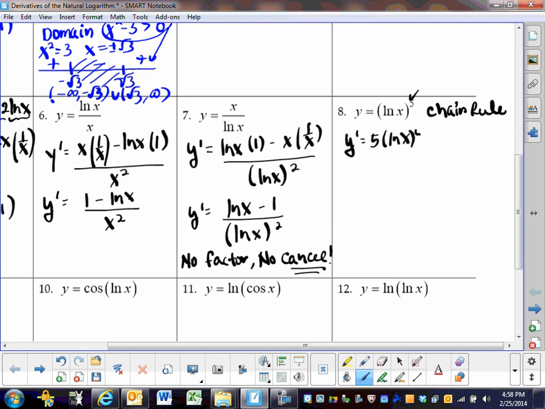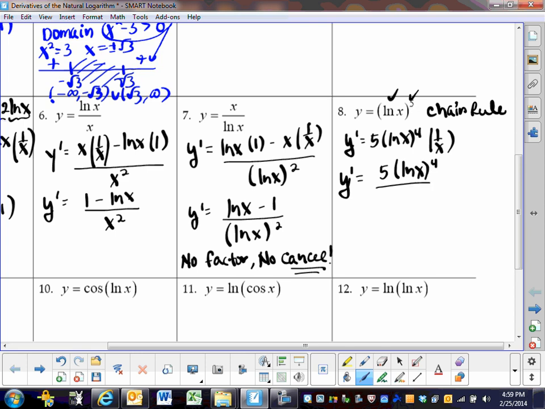Now this problem number 8 is different from the initial problem number 4. Notice here the power is on the x, not on the entire natural log. This is a very different problem. So we cannot bring the 5 down. This has to be done with the chain rule.